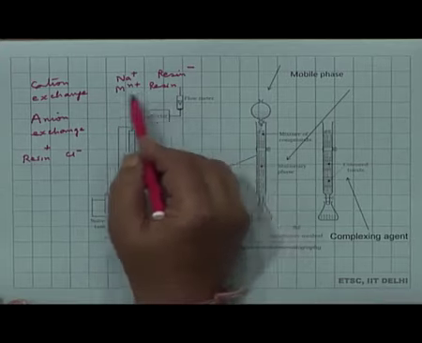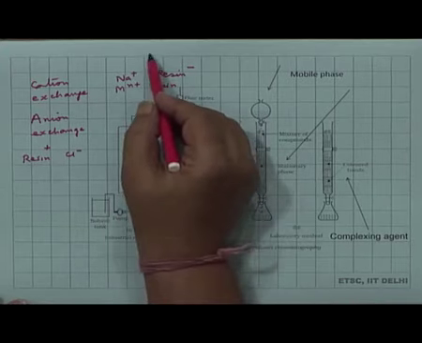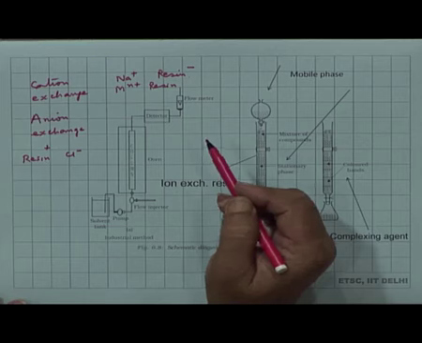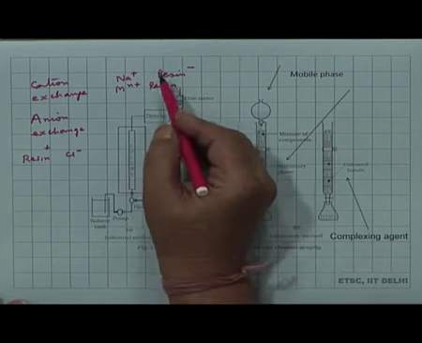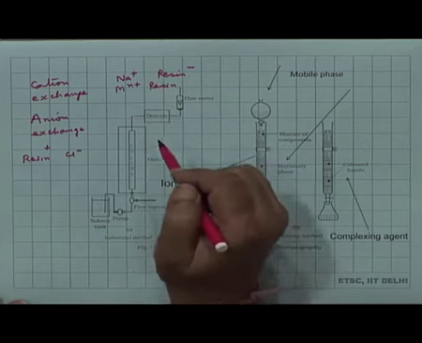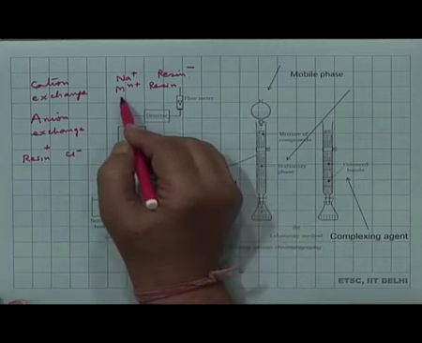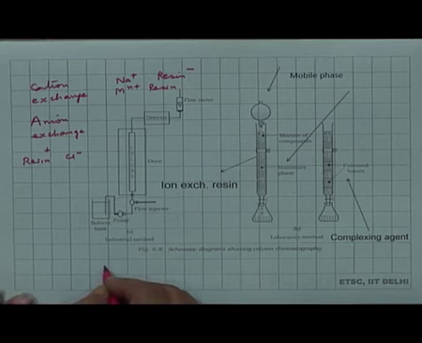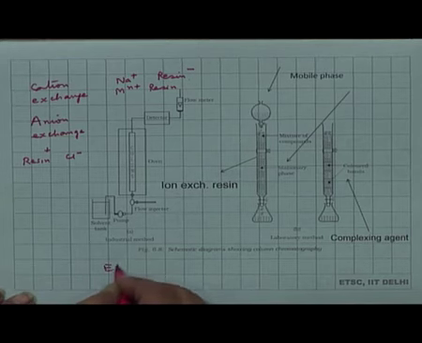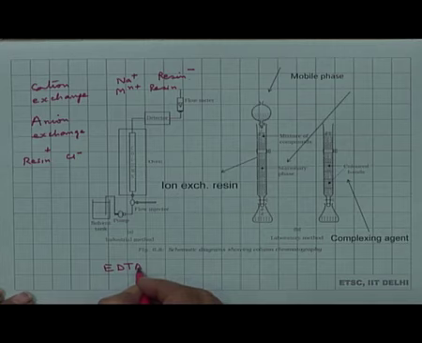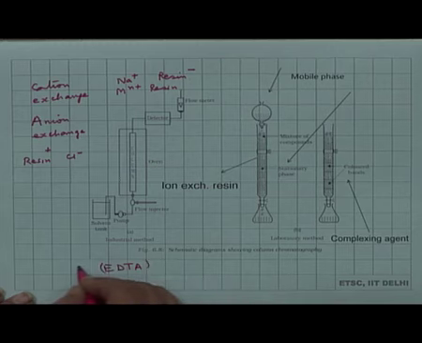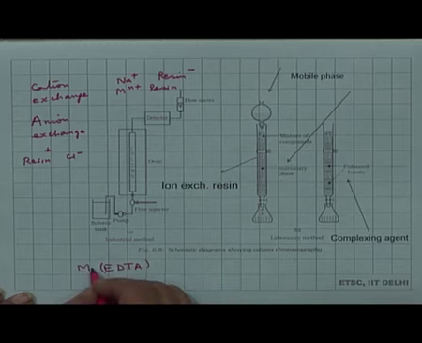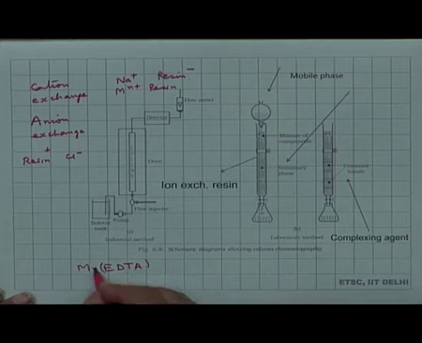Now, if you pass through this an eluent which is, for example, a complexing agent, these metal ions will form complexes. For example, EDTA, ethylenediaminetetraacetic acid: these metal ions will combine with EDTA forming a complex.